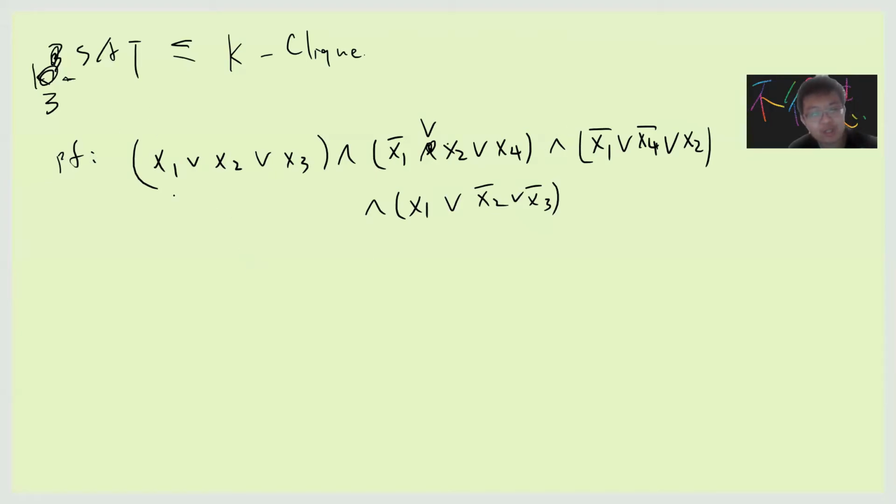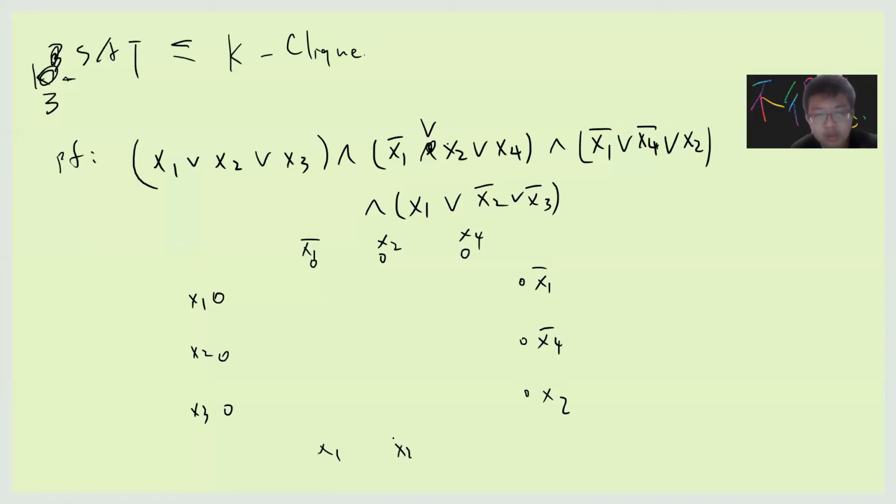The funny thing is that you want to make a graph, right? So the idea is that you first draw, let's say, x1, x2, x3, then x1 bar, x2, and x4, then x1 bar, x4 bar, and x2, and x1, x2 bar, x3 bar as nodes.